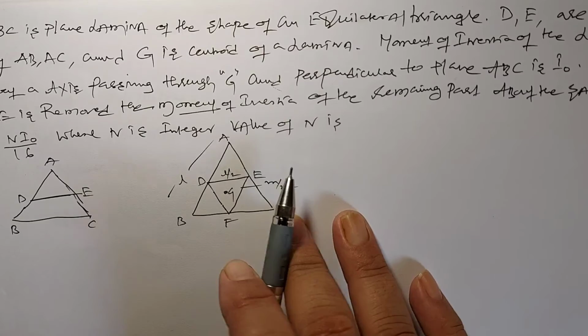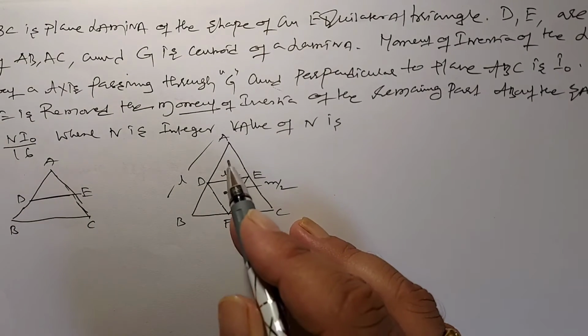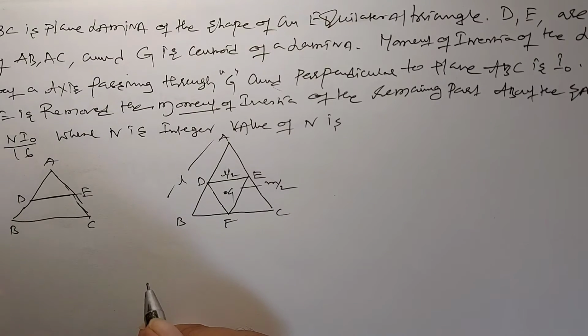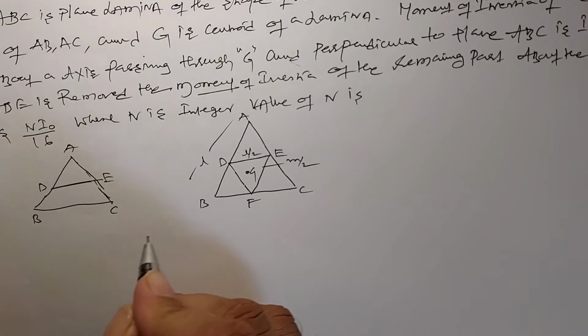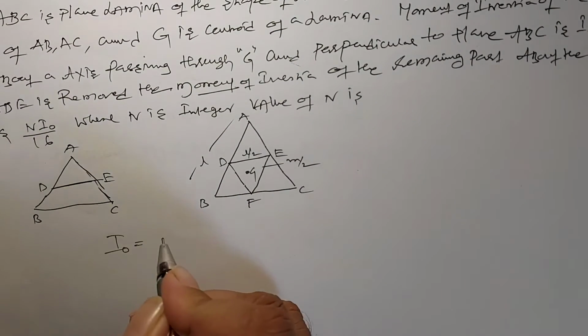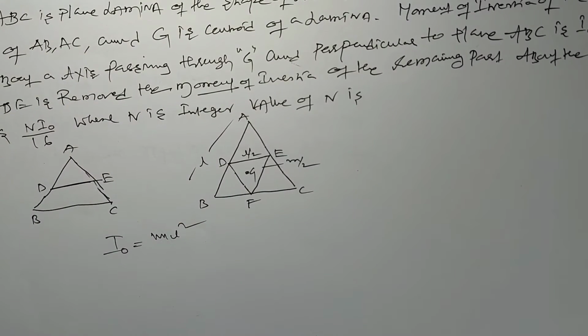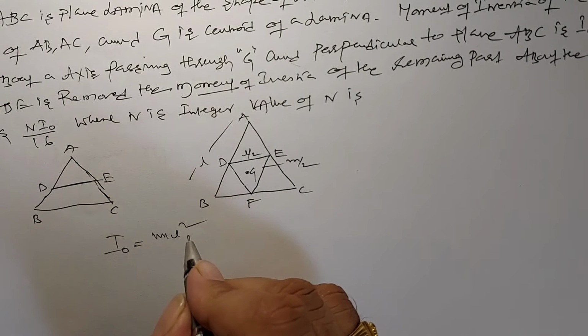Let us assume the moment of inertia of the plane lamina ABC about the axis through G is I naught, which is equal to mass into length squared, I naught equals ml square. This is equation 1.